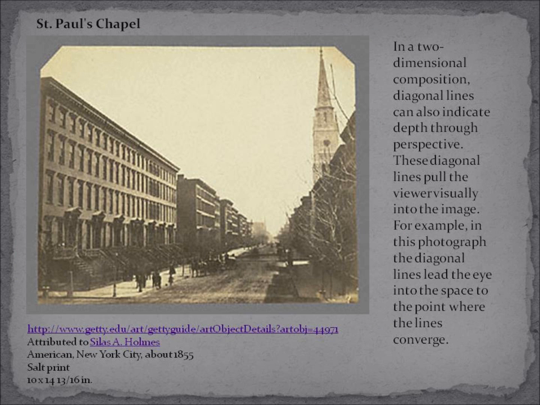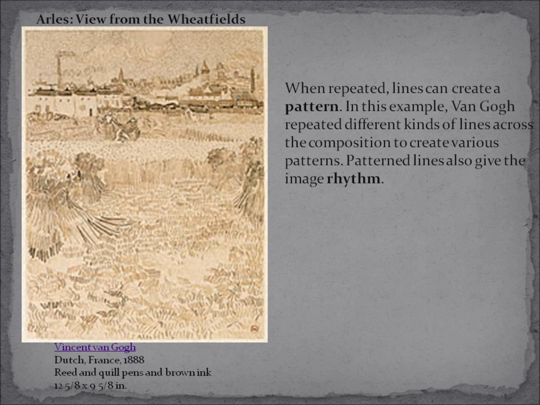In a 2-dimensional composition, diagonal lines can also indicate depth through perspective. These diagonal lines pull the viewer visually into the image. For example, in this photograph, the diagonal lines lead the eye into the space to the point where the lines converge. When repeated, lines can create a pattern.